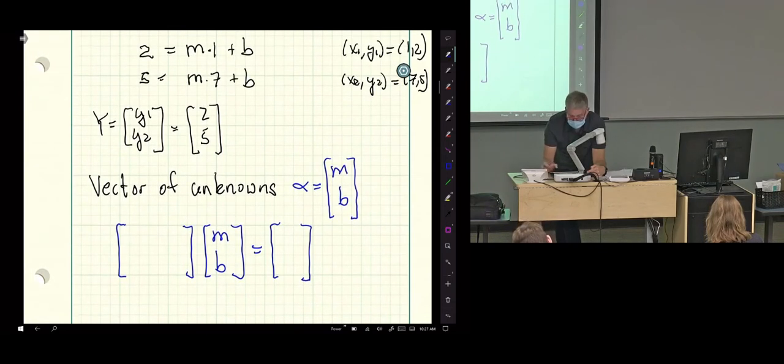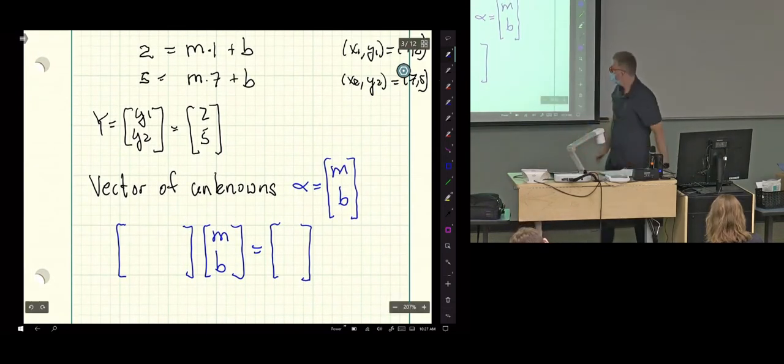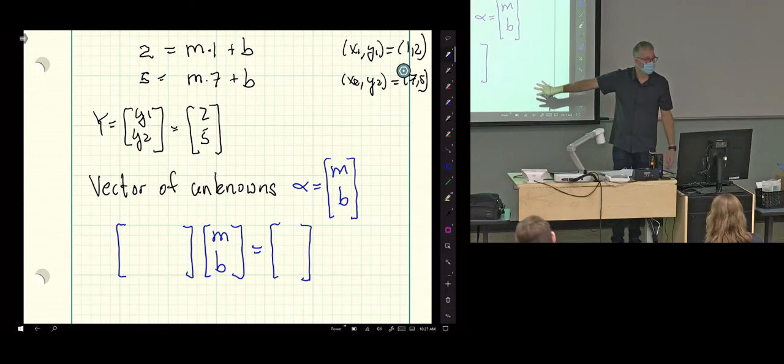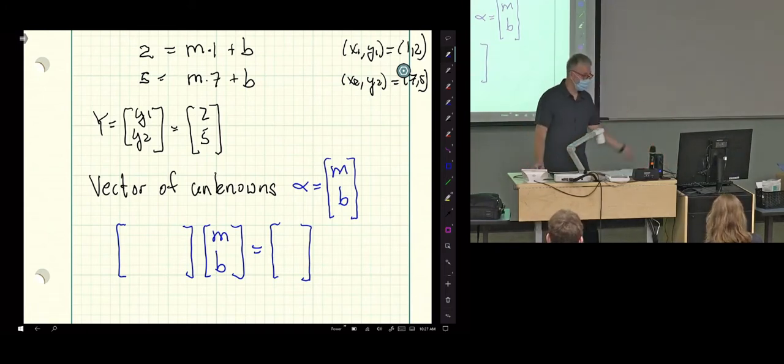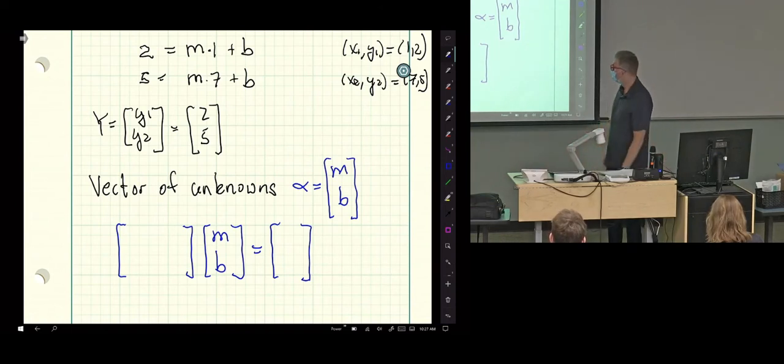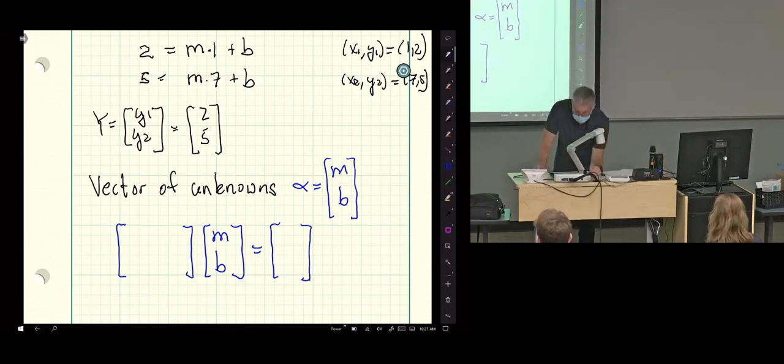Am I blocking the screen for the people in the class badly? Everybody's cool? I know I'm not blocking it for the online folks. Okay, so what do you think the right-hand side is now? Yeah, it's 2 and 5.